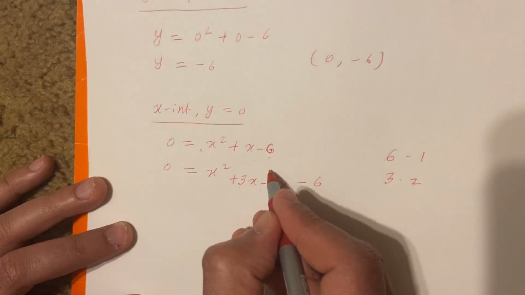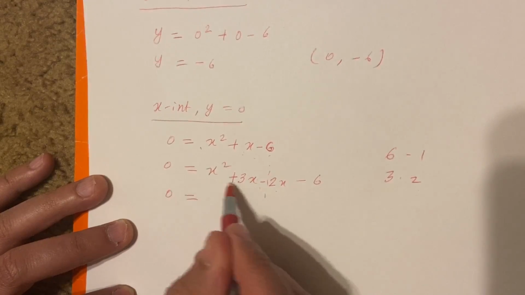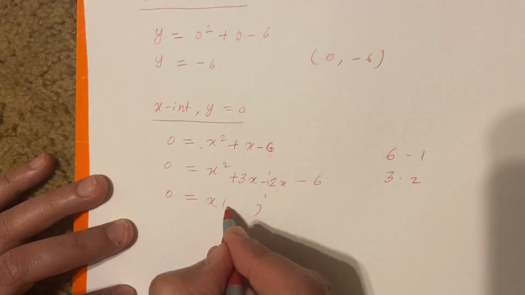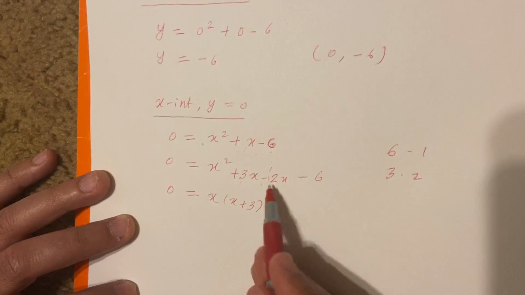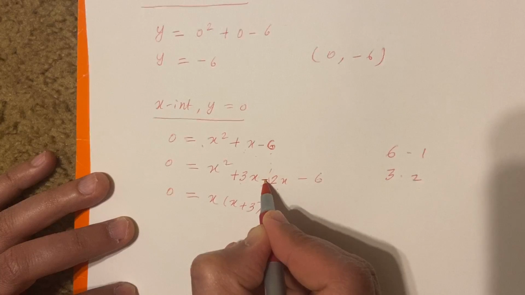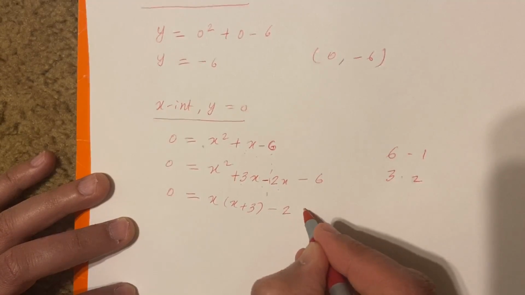Now after this, I can split this into two parts. 0 is equal to, from these two, I can factor out x. So the remaining terms are x plus 3. From these two, well, there is a minus, so we need to consider the minus as well, right? So we have to factor out negative 2.